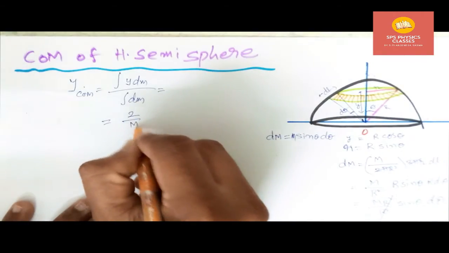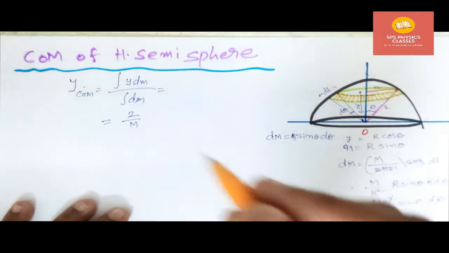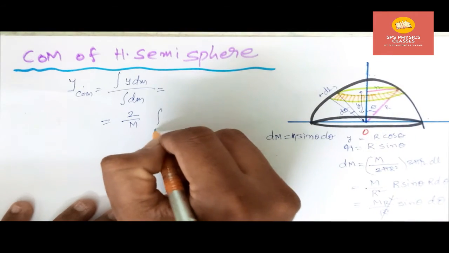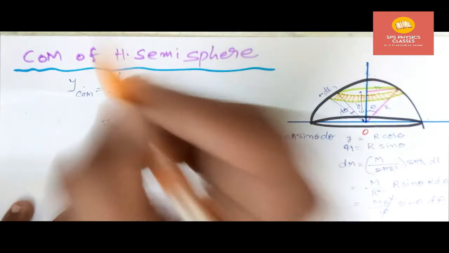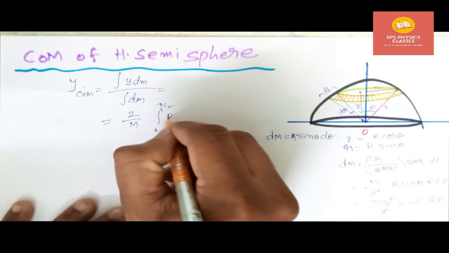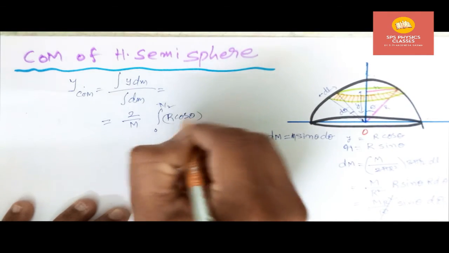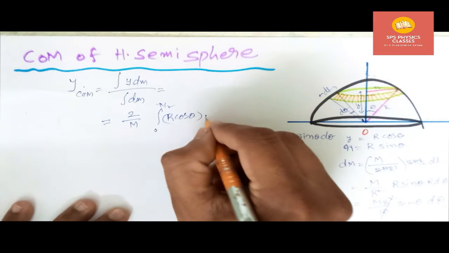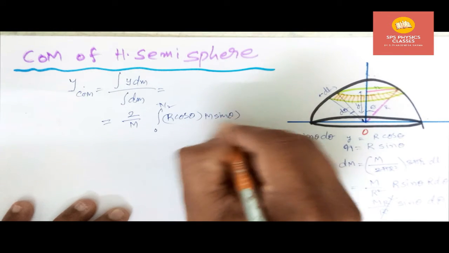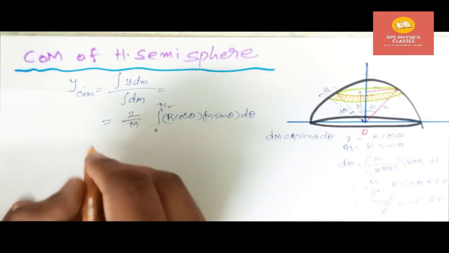Therefore y COM is 2 by total mass M, integration 0 to pi by 2, of y, which is r cos theta, and dm, which is M sin theta d theta.